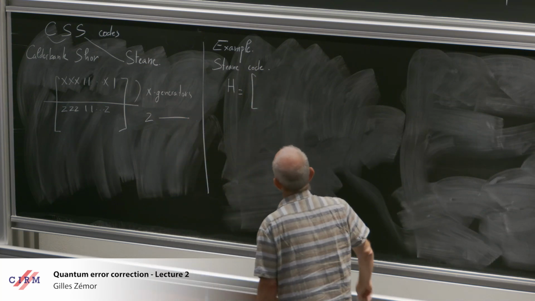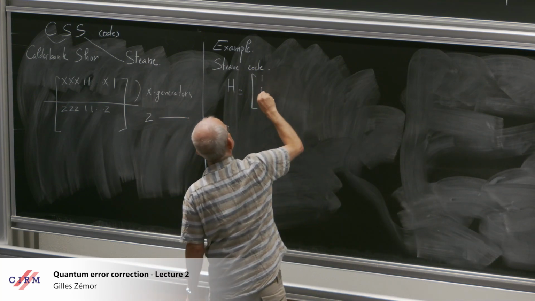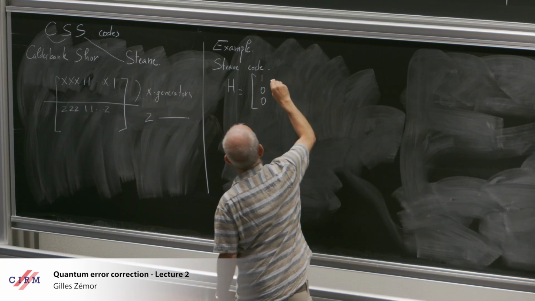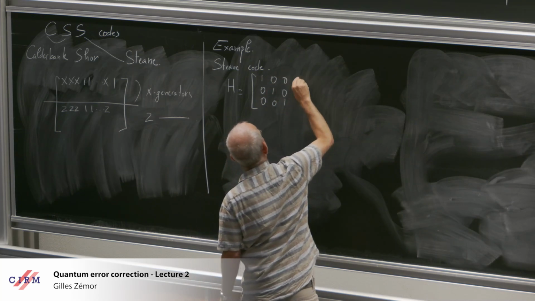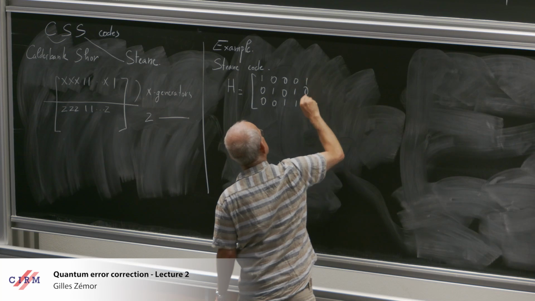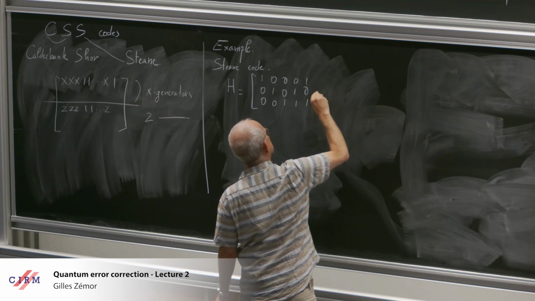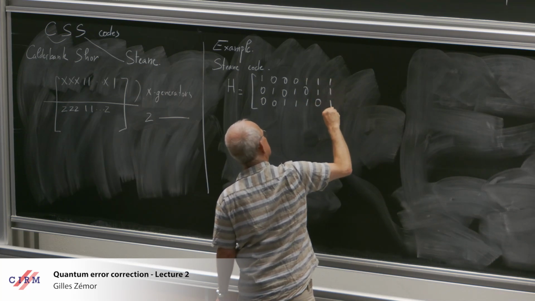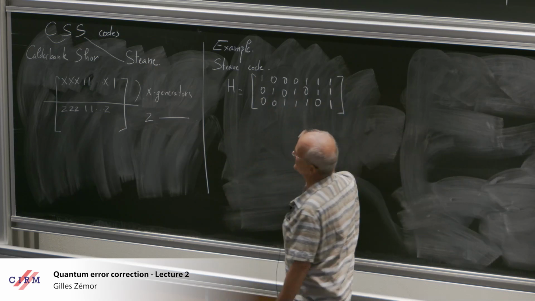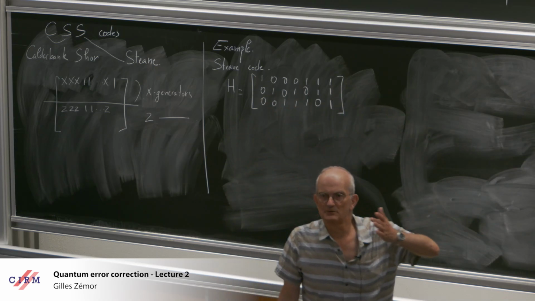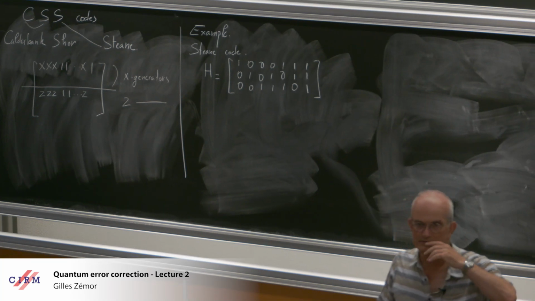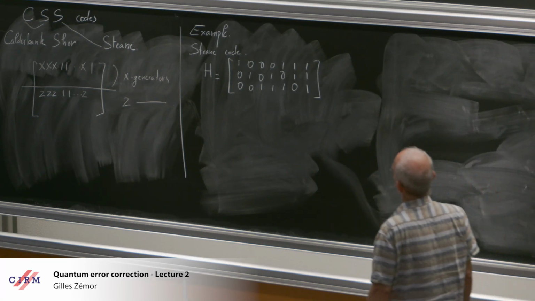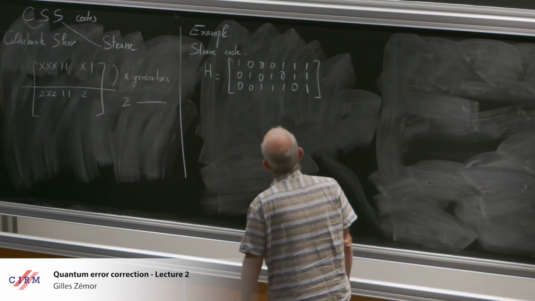If you remember from last time, we gave the example of the Hamming code of length 7, which has this parity check matrix, which is constructed by taking all possible non-zero columns of length 3, there's 7 of them.